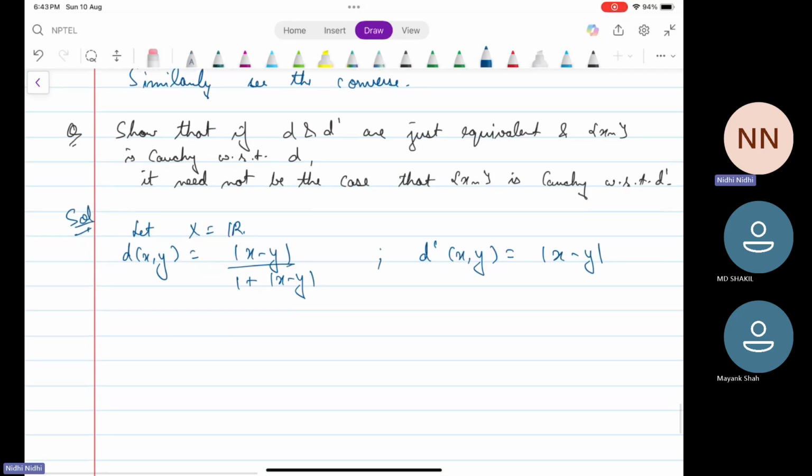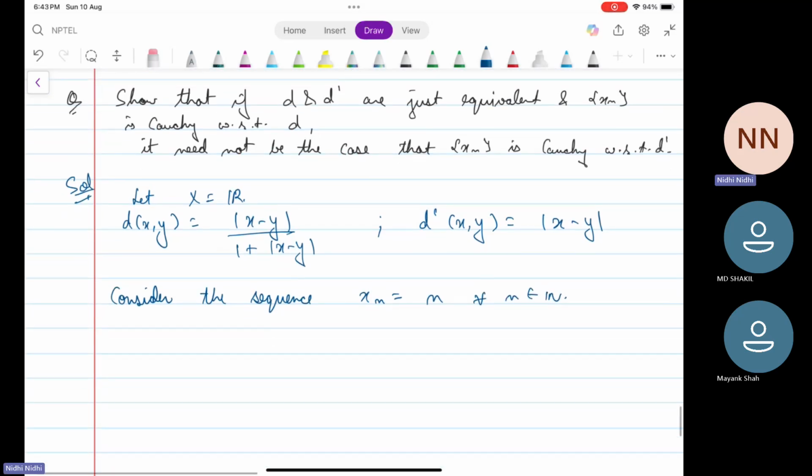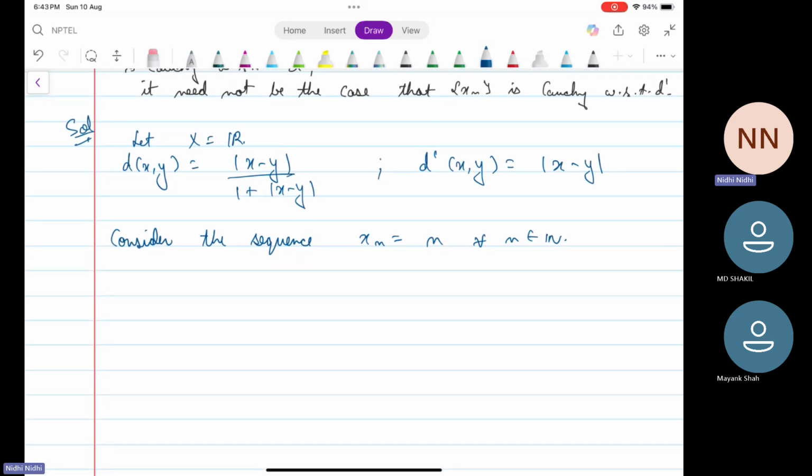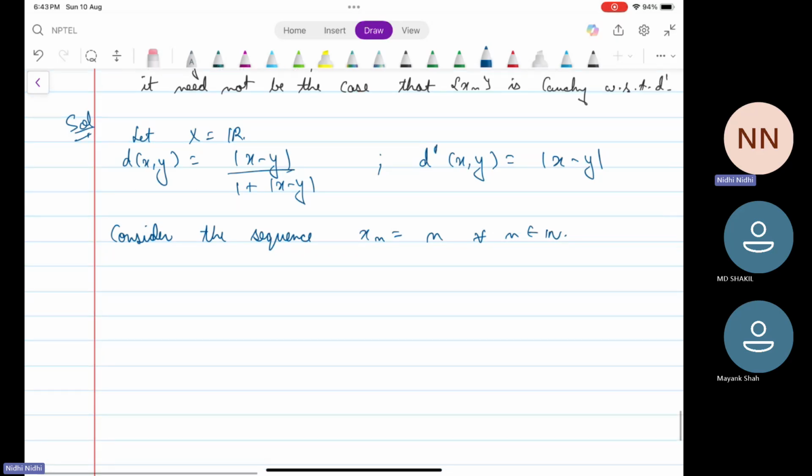Now consider the sequence Xn equals n for every n in N. Clearly this is not Cauchy with respect to the D prime metric, because if it were Cauchy with respect to D prime, you would eventually get that it is convergent, or bounded in general.